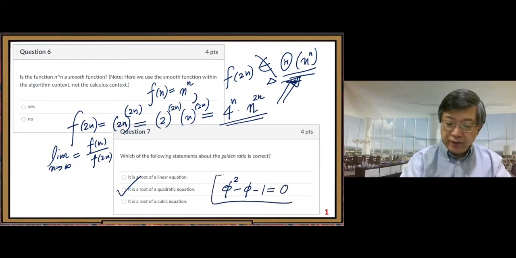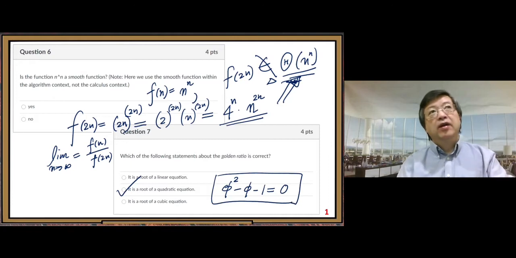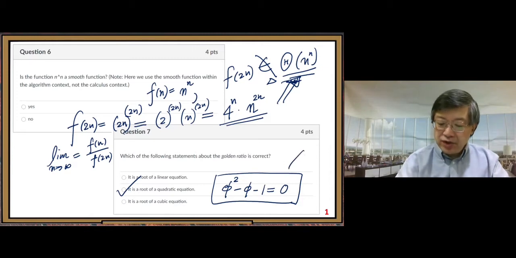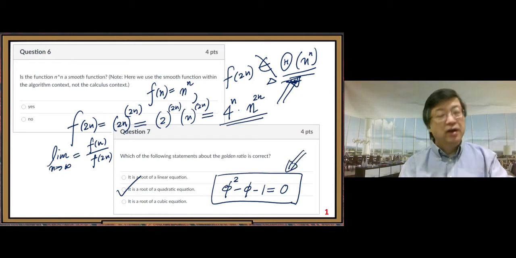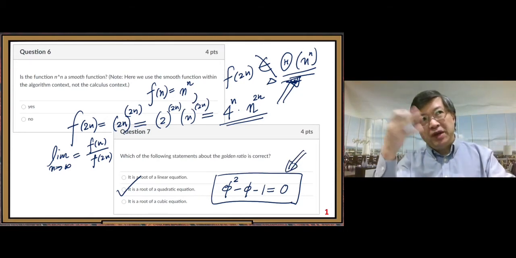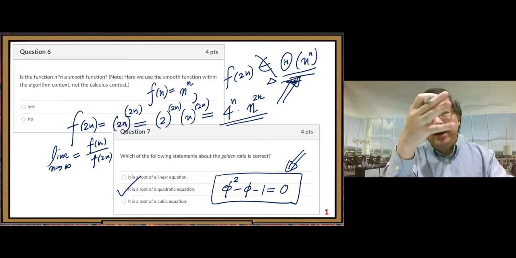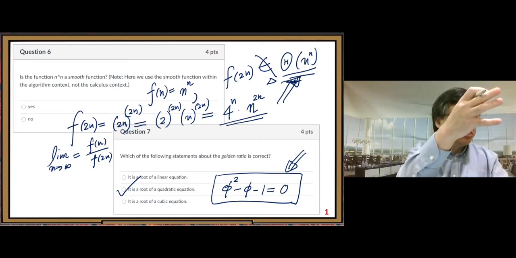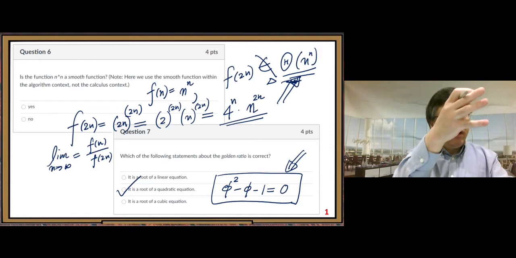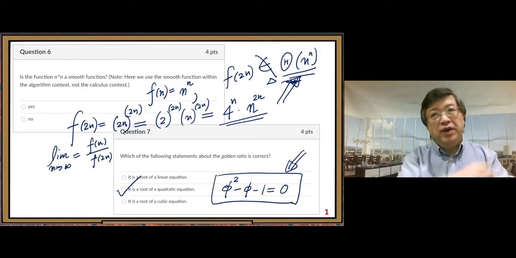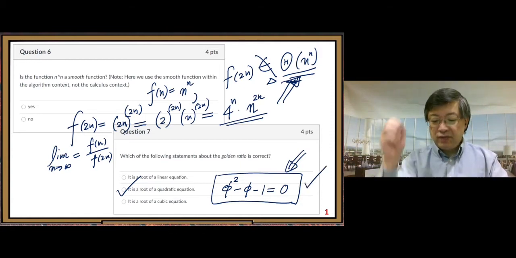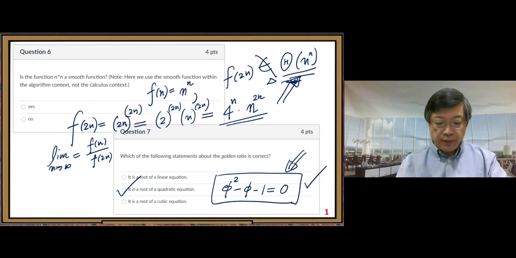This is the basic equation for the golden ratio. We rely on this equation. You can see in many questions when we need to simplify the expressions involving golden ratio, we need to use this equation.